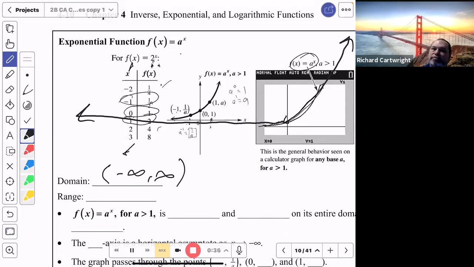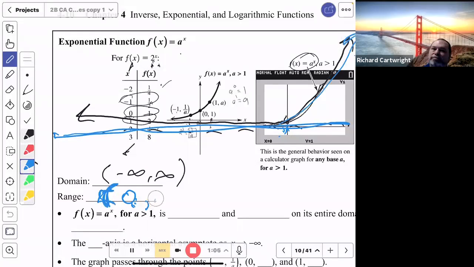Now the range for the parent, since this is the asymptote, that line here, y equals 0, the x-axis, the range will never get lower than that. And I cannot put a bracket because it's never going to even be 0. It has to just be a parenthesis 0, and then it goes as high as the 7th heaven. So it just keeps going up.